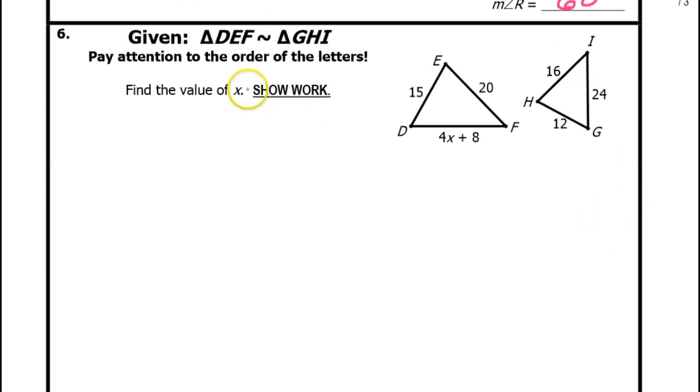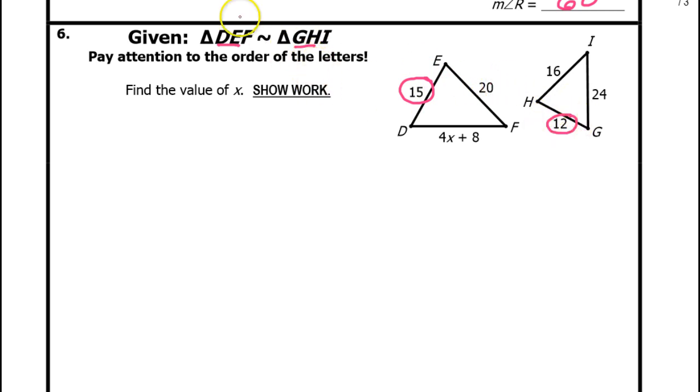All right, number 6. Again, we need to match up corresponding sides before we do anything else. Side DE corresponds to GH, so I'm going to circle those.